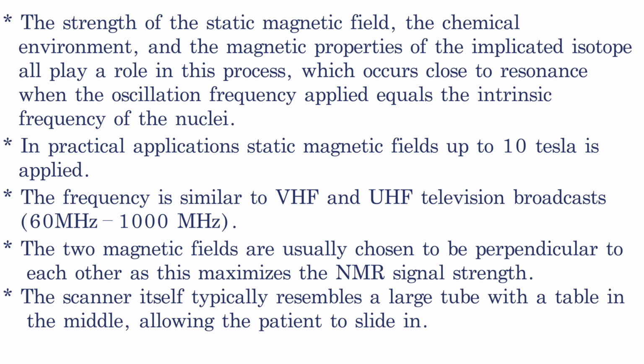The two magnetic fields are usually chosen to be perpendicular to each other, as this maximizes the NMR signal strength. The scanner itself typically resembles a large tube with a table in the middle, allowing the patient to slide in.